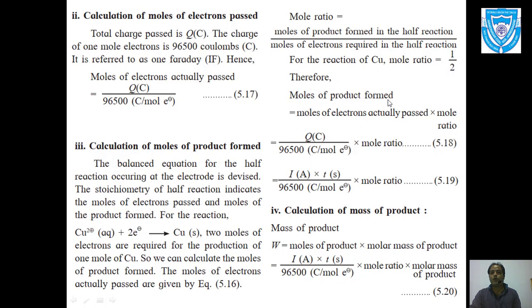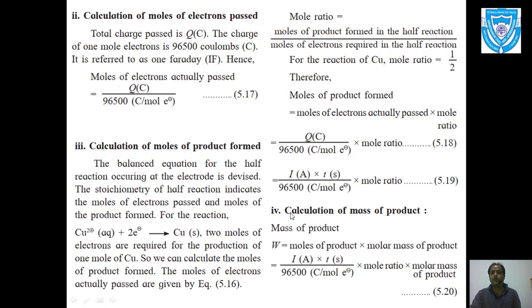So the moles of product formed is equal to the moles of electrons actually passed into the mole ratio. We substitute Q divided by 96,500, from step 2, into the mole ratio, 1/2.